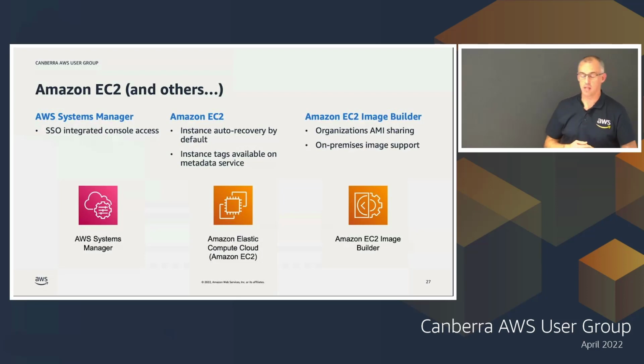Another one is the instance tags, which are now available by the metadata service. My first response in looking at this was to raise an eyebrow and ask, okay, so why is that interesting? What it actually means is that when you're on your instance, you no longer have to call the DescribeInstances API to get the tags. You don't have to do any sort of code like that. It's all available in the metadata service.